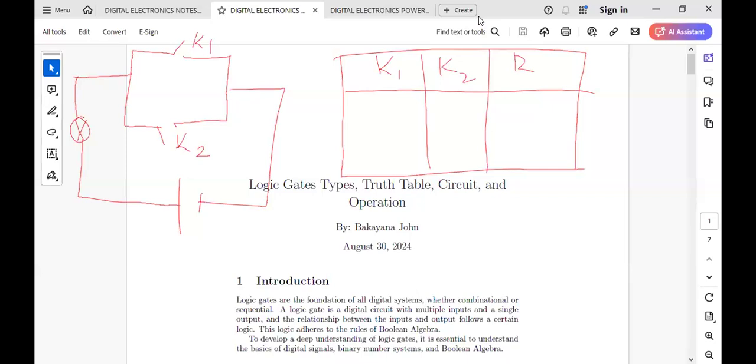The kind of signals that we are used to, even when you speak, the kind of wave that you utter out is an analog signal.